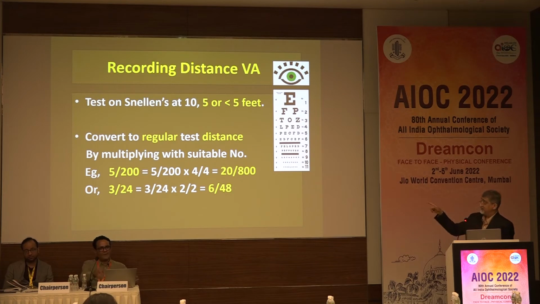So in this example, if you have the vision of 5/200 in the American system, then you multiply it by 4/4 to get a Snellen equivalent of 20/800 visual acuity. Or if you're using the British nomenclature and you're testing at 3 meter distance, then a vision of 3/24, you convert it and you get 6/48 Snellen acuity. So this is the way we find out the vision of a low vision patient using the regular Snellen chart.